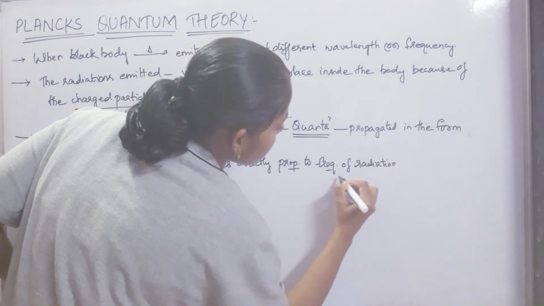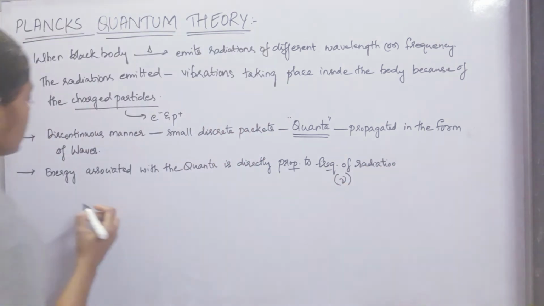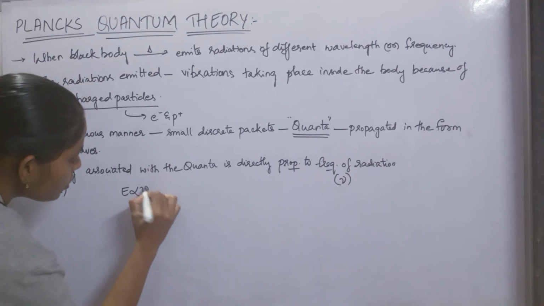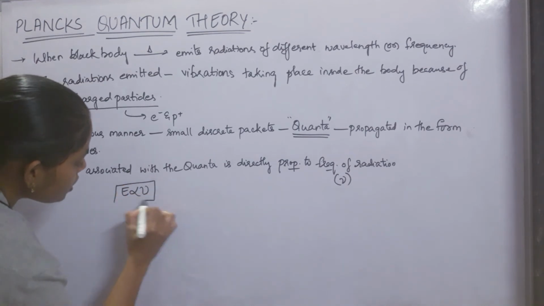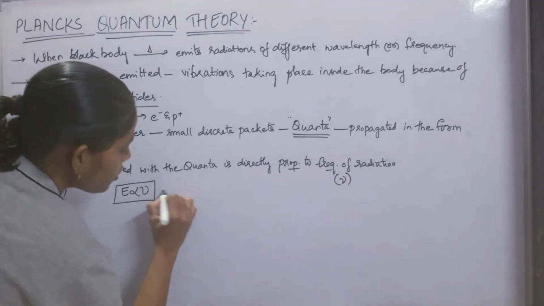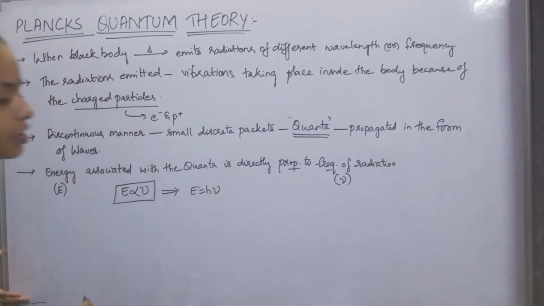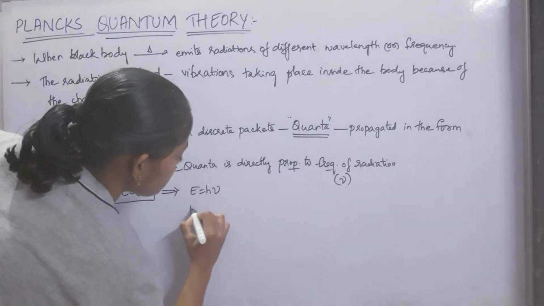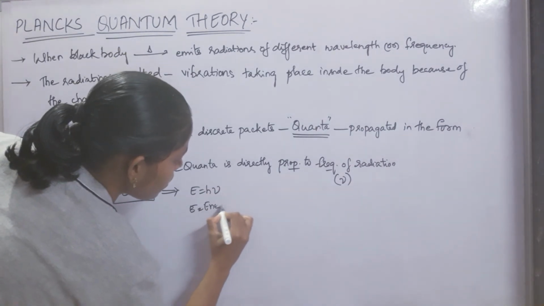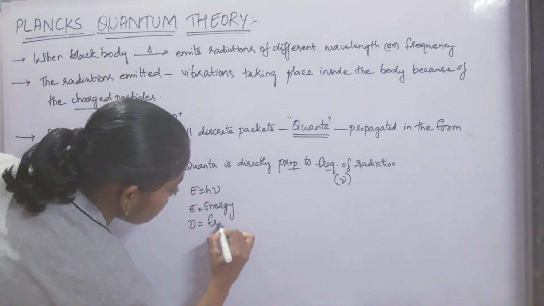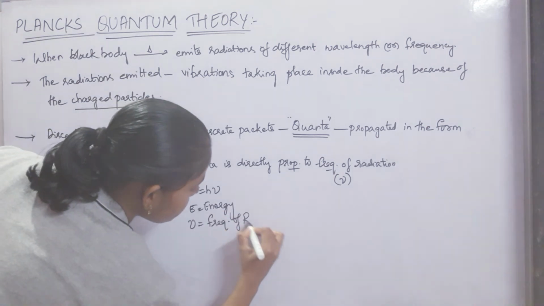Frequency is denoted by nu, and energy by E. So E is directly proportional to nu. In order to remove this proportionality symbol, we introduce a constant h, which is Planck's constant: E equals h nu. Here E is energy and nu is the frequency of radiation.